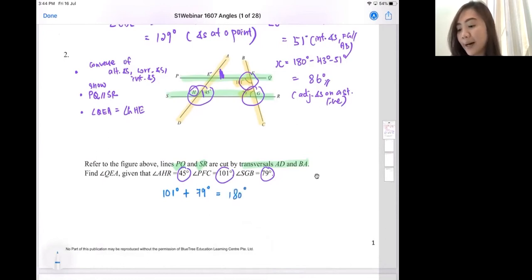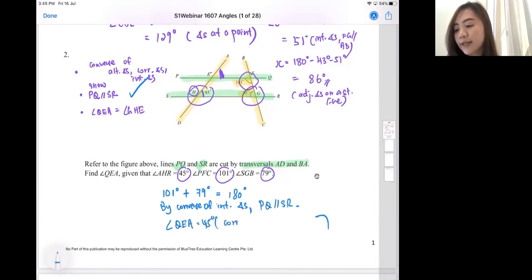And by converse of interior angles, we prove that PQ and SR are parallel. Then from here, we can conclude that QEA is 45. They are corresponding angles and they use the fact that PQ and SR are parallel.